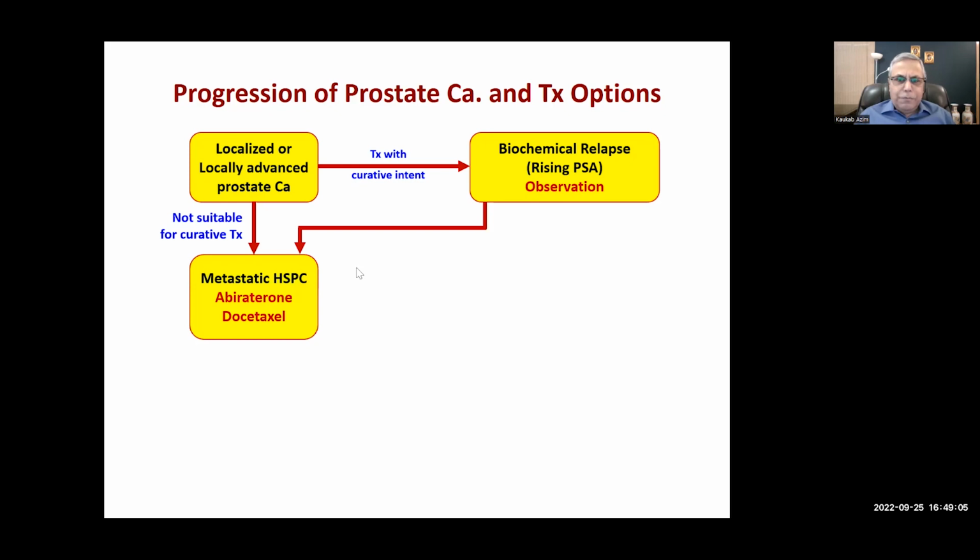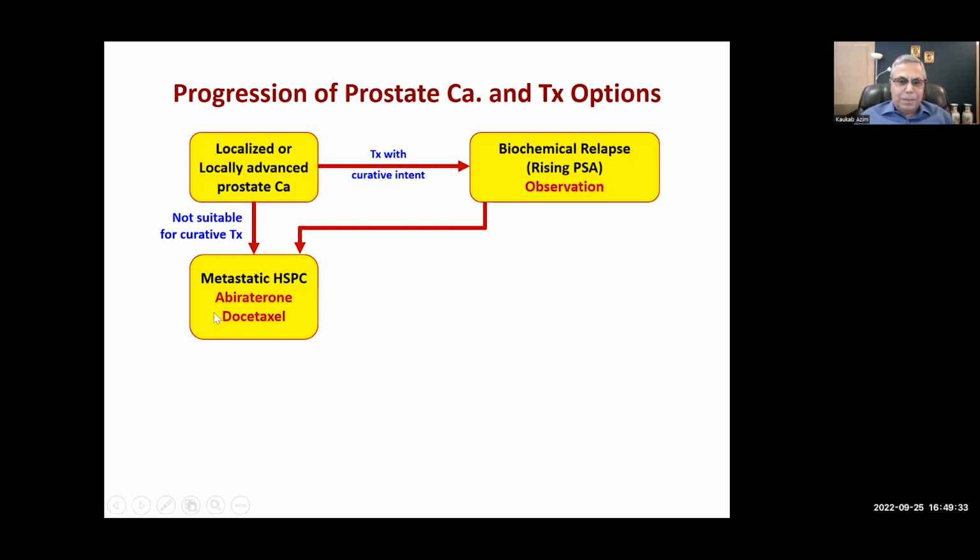Or if it is metastatic, then you have to treat it. How do you treat metastatic? Now, HSPC means this cancer is hormone sensitive. It is dependent upon hormones. So what will you do? You will do hormone ablation or androgen deprivation therapy. Okay. You are giving those gonadotropin releasing hormone agonists. You are trying to decrease the production of testosterone. Okay.